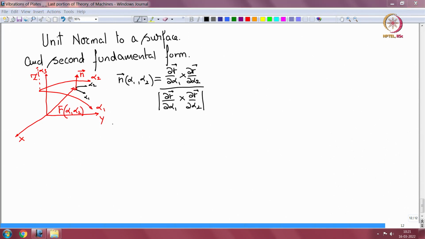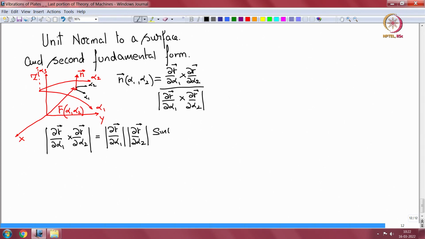So now this magnitude here, as we know, the magnitude of the cross product is the magnitude of each of these times sin theta, where theta is the angle between the two.